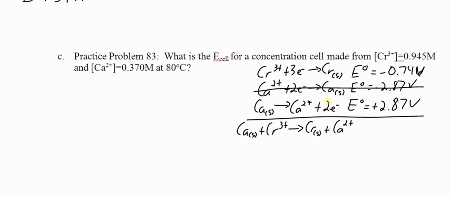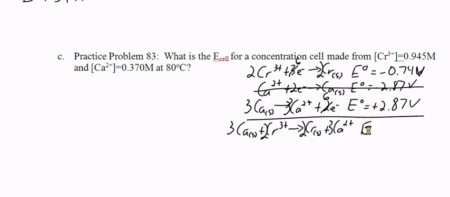Somebody jumped the gun. Our electrons weren't balanced, so I can't go ahead and start adding up the equations until my electrons are balanced, which means I need to put a 2 here, get a 6 there, and put a 2 here. I need to put a 3 here, I need to put a 3 there, and this needs to become a 6. So when I start dropping down my values, my balanced equation certainly looks much different than it did a moment ago.